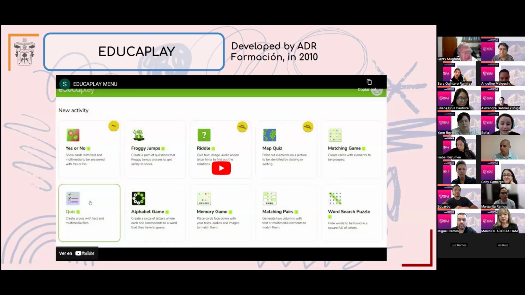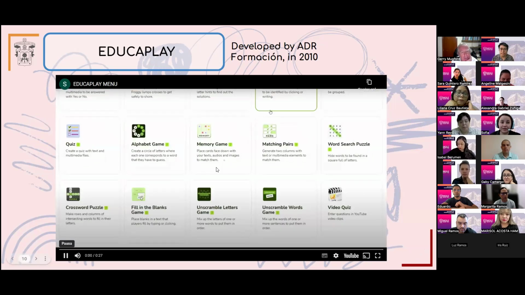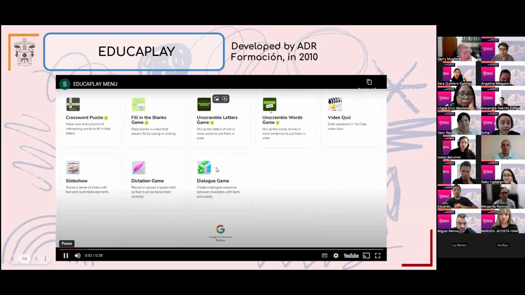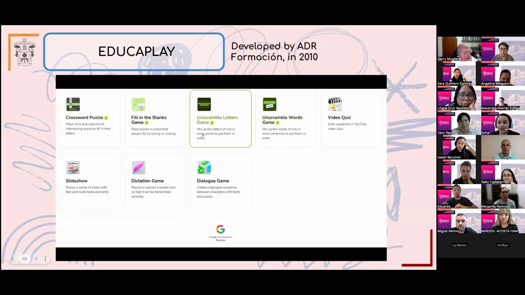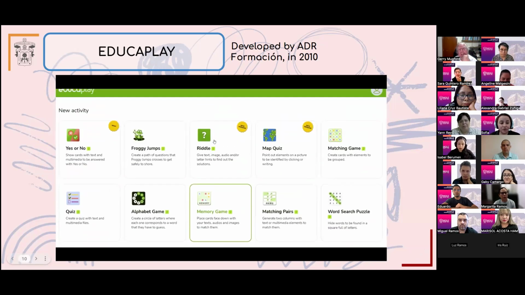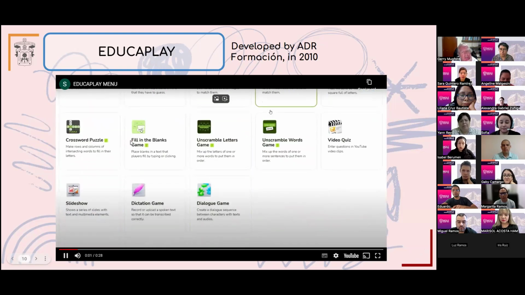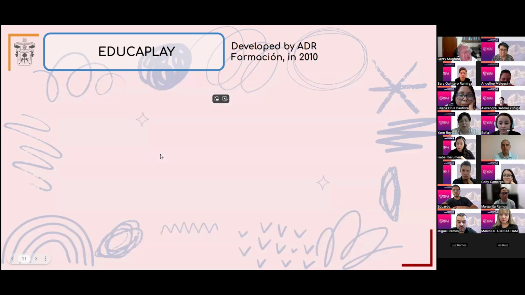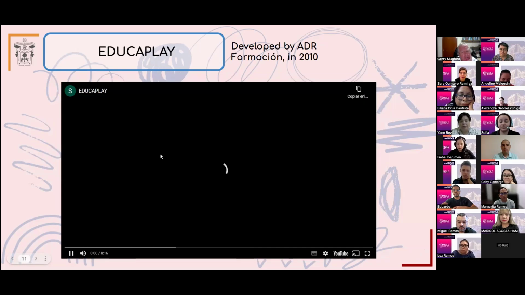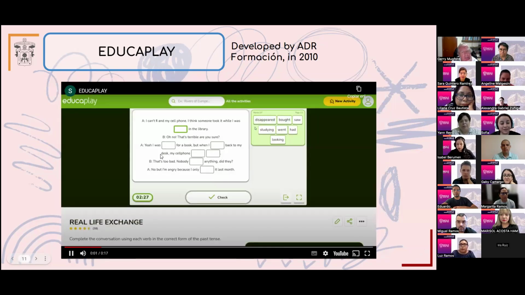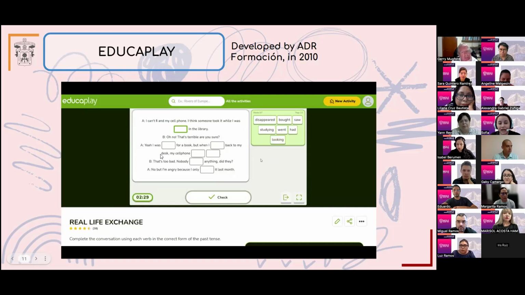Well, the following slides are simply to show you what this platform is like, which is free and very easy to use. It can be accessed through computers, tablets, cell phones, with internet access and providing an email.